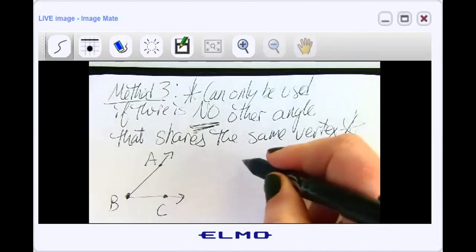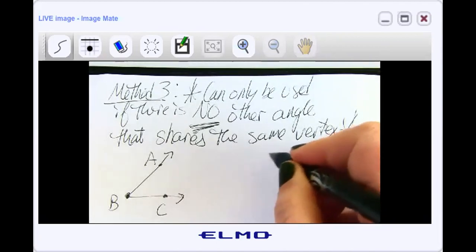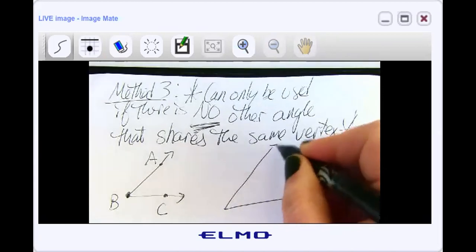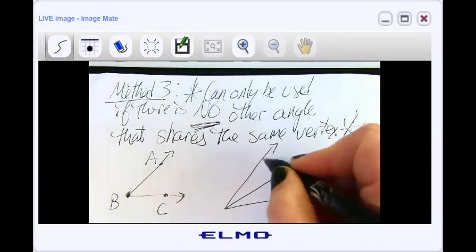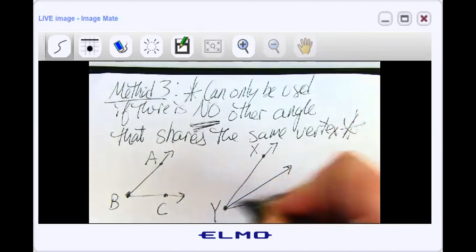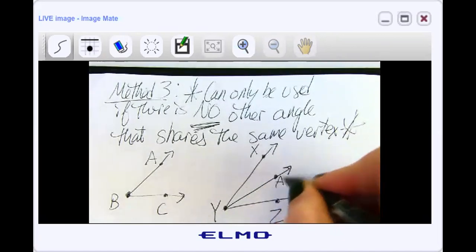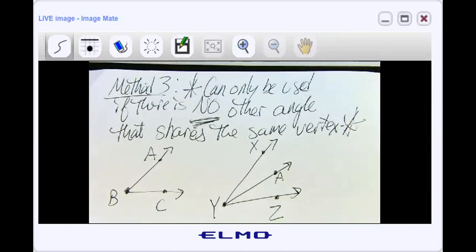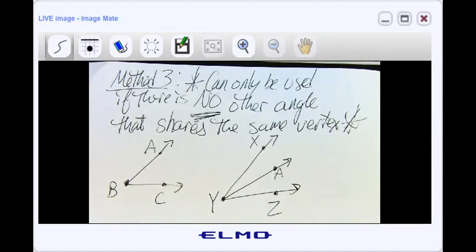Here's the diagram where I couldn't use method 3. I'll just do something like this. This second diagram over here on the right, there's a whole bunch of angles that have Y as their vertex.